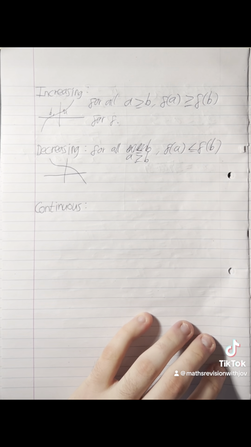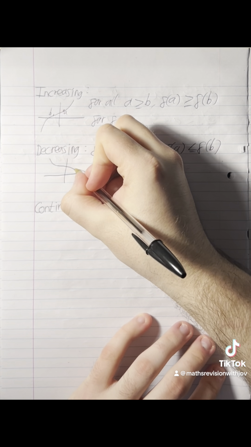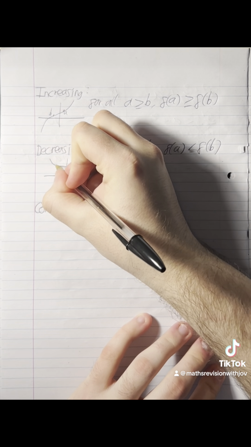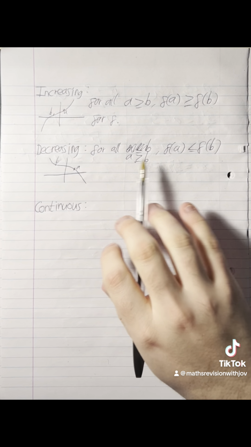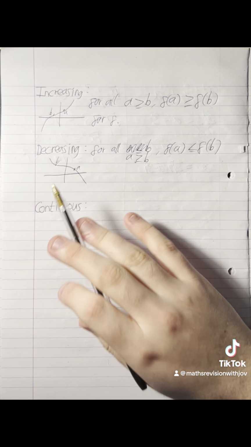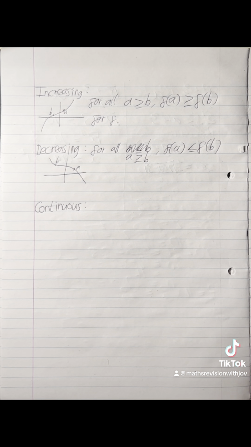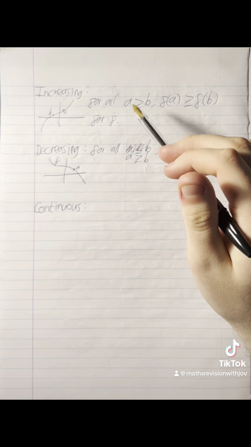Where we have A greater than B, so A might be here, B might be here, and the function evaluated at A is less than or equal to the function evaluated at B. That's all it means. It's basically the opposite statement of this.